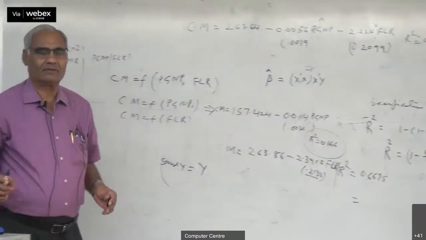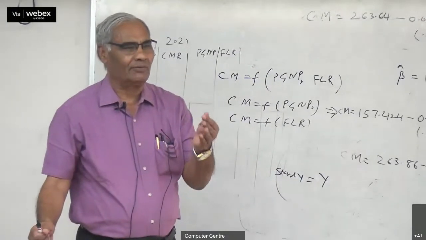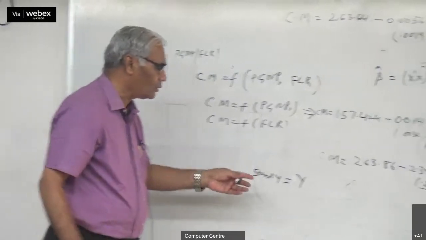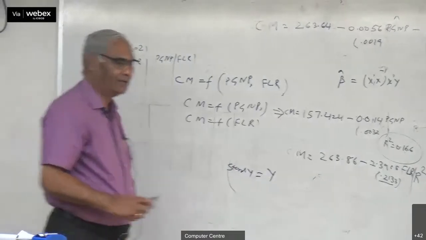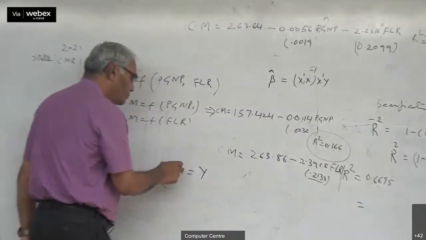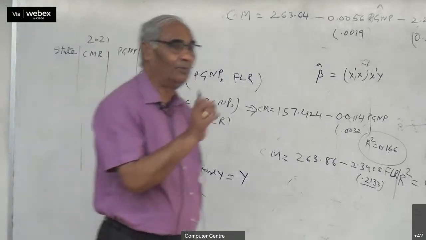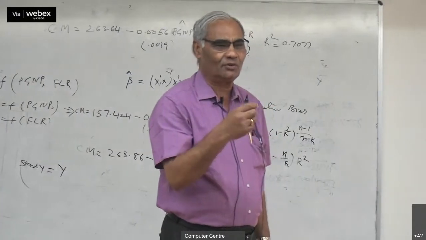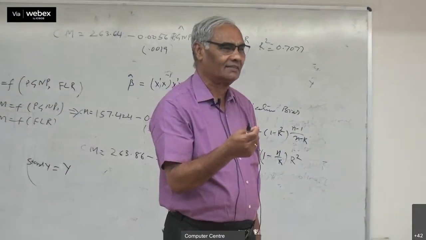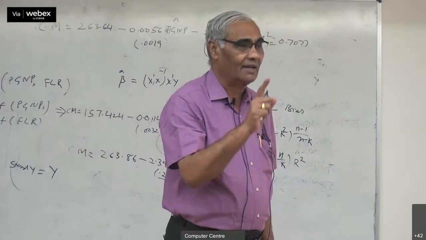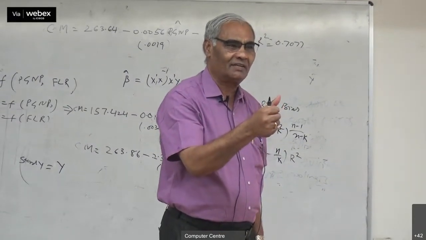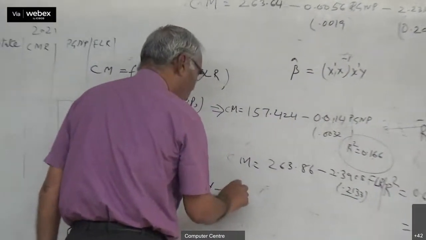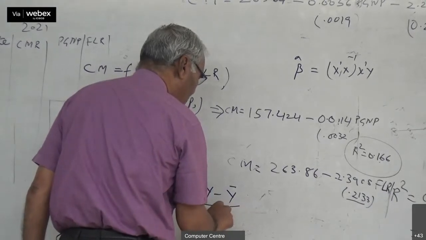If the units are different or some values are very small or very high, it is better to convert y into standard y. Standard y means making this y such that the mean of the new y is equal to 0 and the standard deviation is equal to 1. In the normal distribution, what is the characteristic of z? The mean is 0 and the standard deviation is 1. So how will we standardize? y minus y bar divided by the standard deviation.